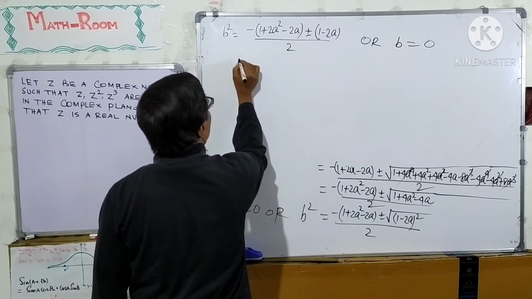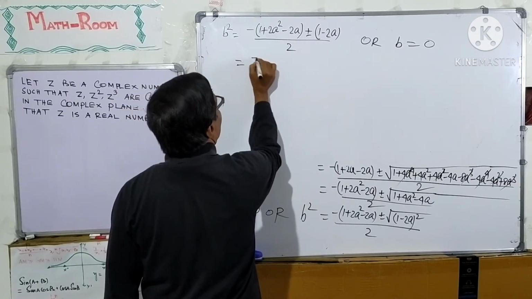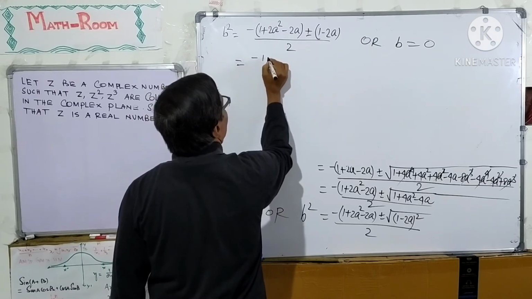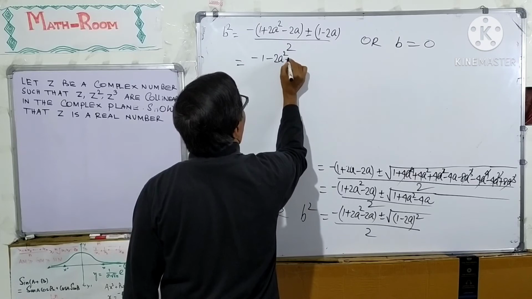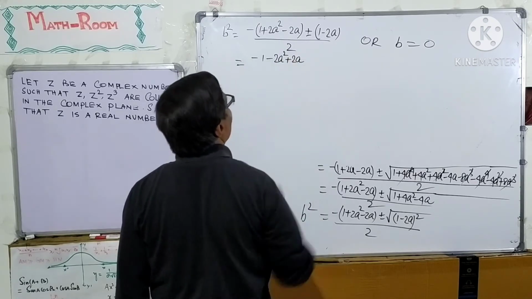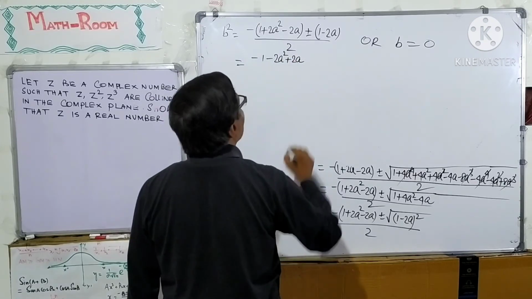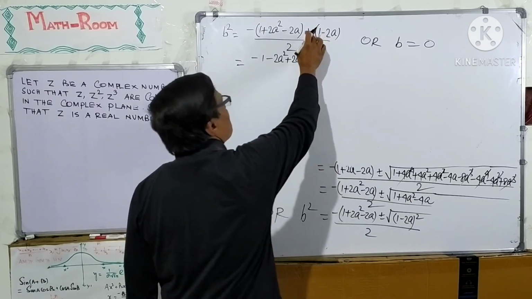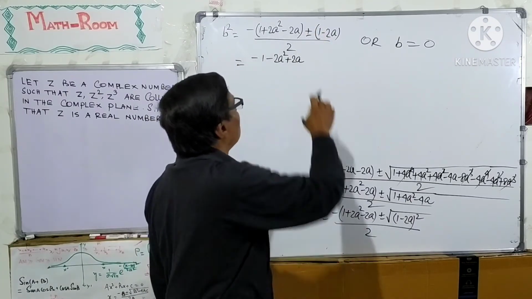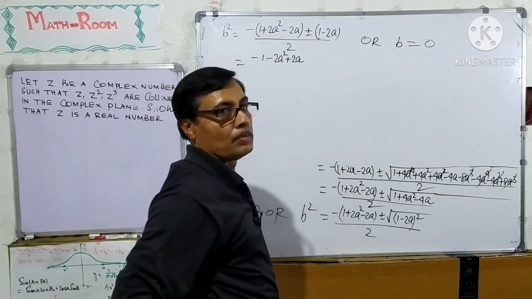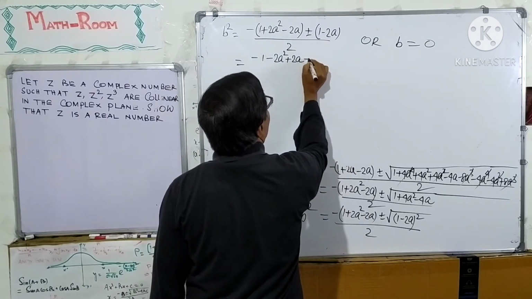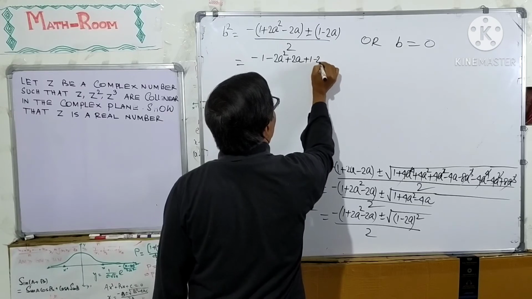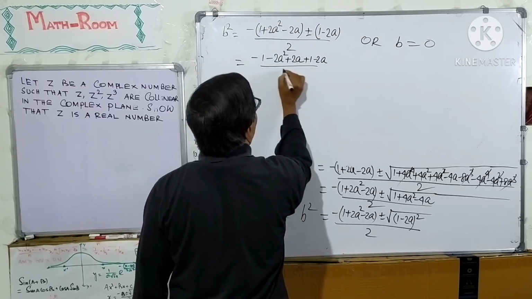Now, b square equal to minus 1 minus 2a square plus 2a. We can consider two signs, plus and minus. If we consider plus sign, we get 1 minus 2a over 2.